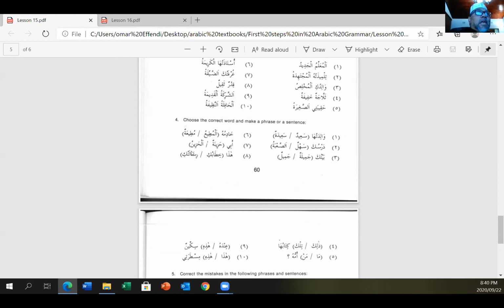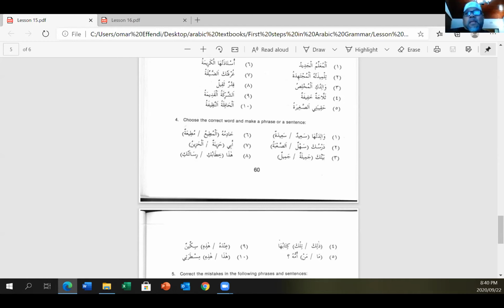Kitabuki is masculine. It was hada kitabuki because in risalatuki, that ta is actually a feminine ta. The root word is risalatun, a ta marbuta, meaning a letter. Because of adding the ki, the attached pronoun, the ta marbuta changes to a normal ta.